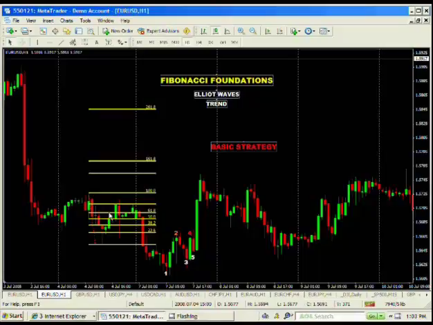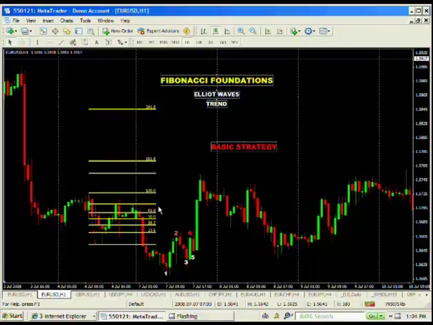Now I know that the move did continue up past our entry levels, but it did not move up past our stop, because our stop really needs to be above the 100% level, or the last high, or the beginning of the move. But this 78.6% level is the important level that sits between the 61.8% and the 100% level.